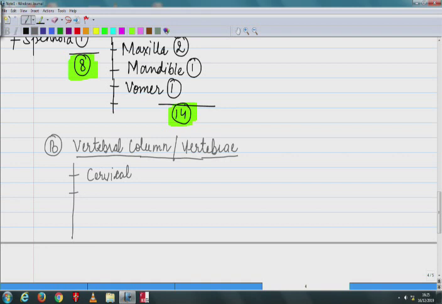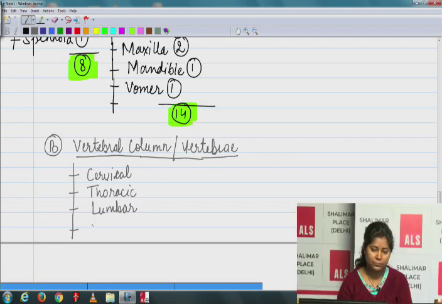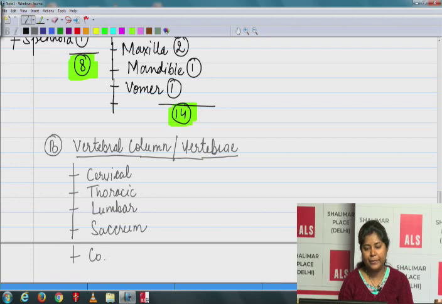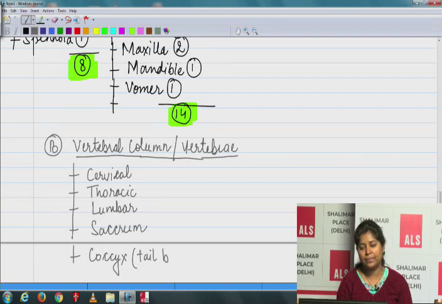The second section is thoracic vertebrae, and the third, lumbar. Fourth is sacrum. The fifth, or the tailbone, coccyx. So we have these many different types of bones present in our vertebral column.